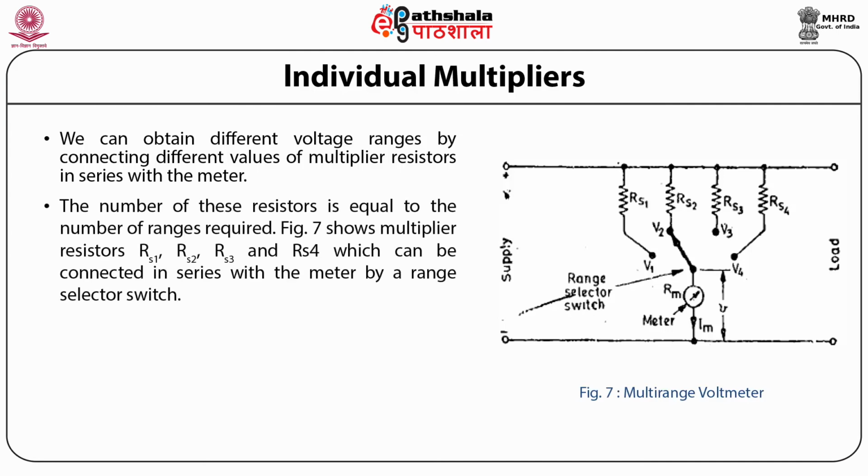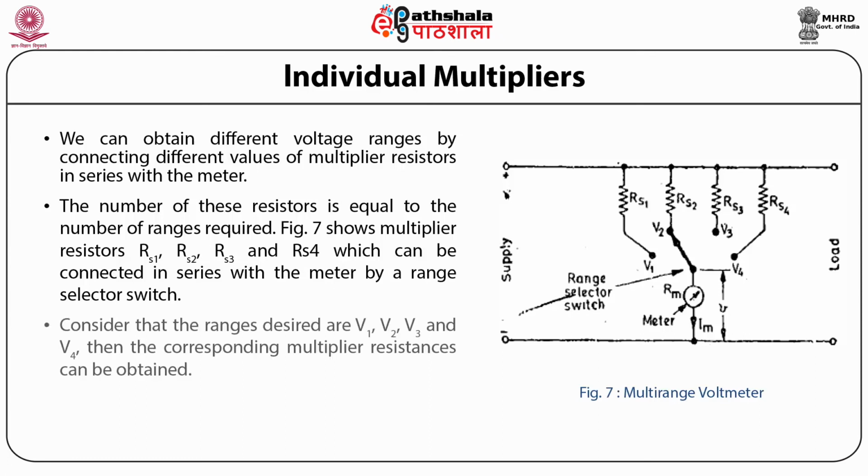The number of these resistors is equal to the number of ranges required. Figure 7 shows multiplier resistors Rs1, Rs2, Rs3 and Rs4, which can be connected in series with the meter by a range selector switch. Consider that the ranges desired are V1, V2, V3 and V4.